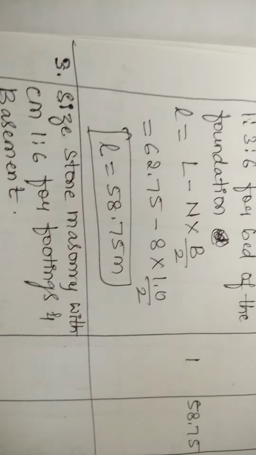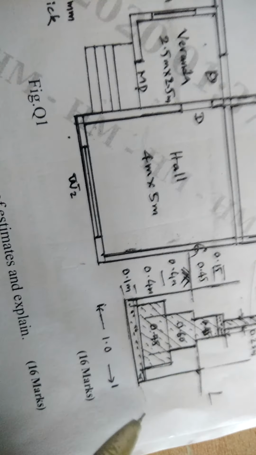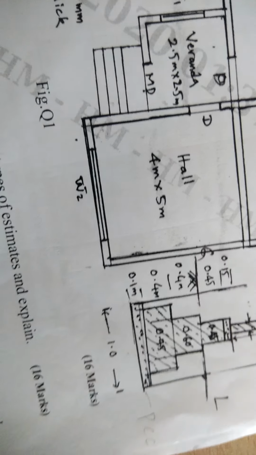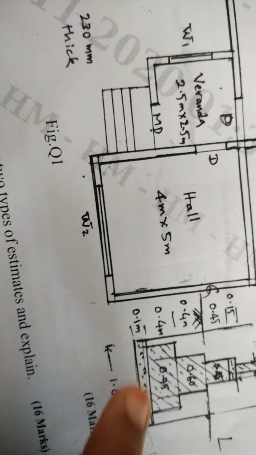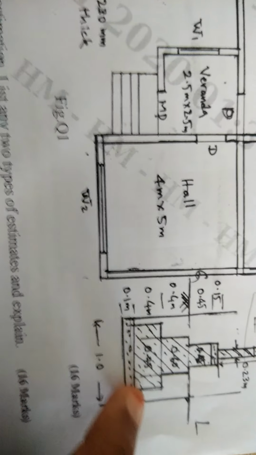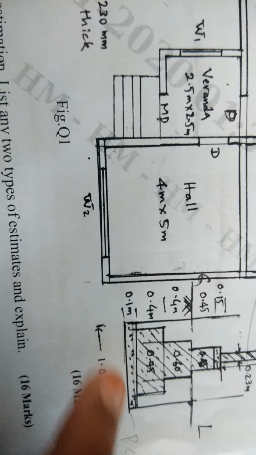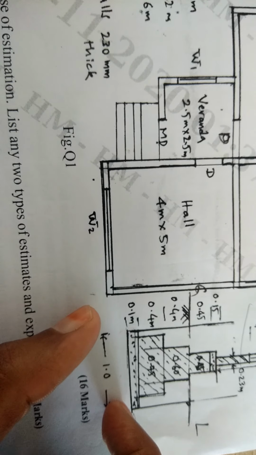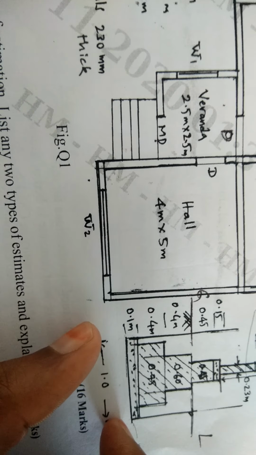Here b represents the width of the PCC. In this figure, this portion represents the PCC portion, that is plain cement concrete. You can see the concrete which is filled in this particular portion. This is the PCC bed which is laid at the bottom, and the PCC bed width is the same as the excavation width.